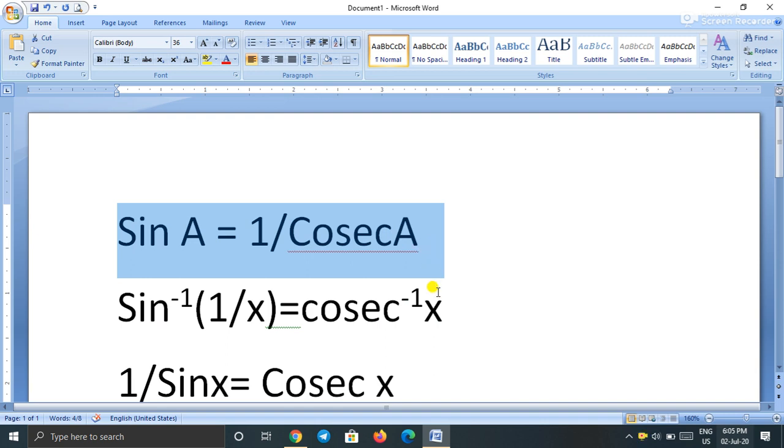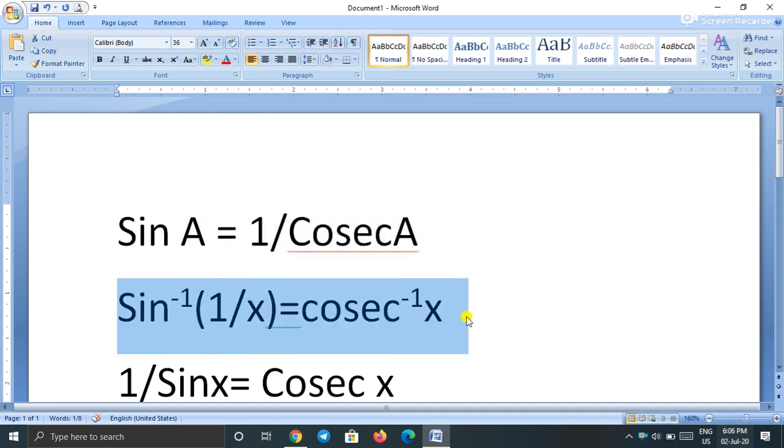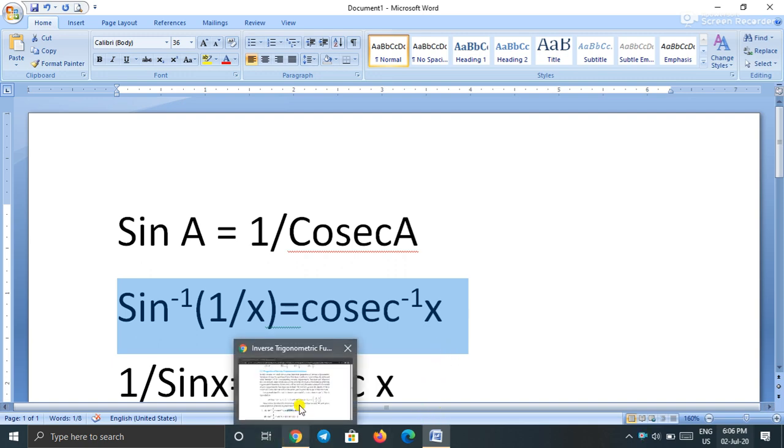If cosec of a is not equal to 0 then it is valid for all the values of a, but this formula sin inverse 1 upon x is equal to cosec inverse x is valid for only some values of x. This is also the difference between circular trigonometric functions and inverse trigonometric functions.